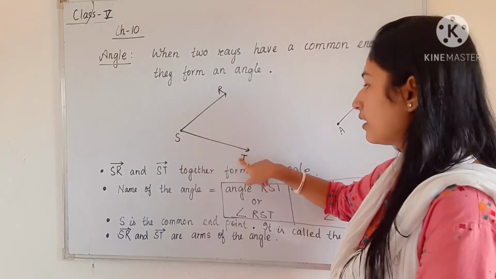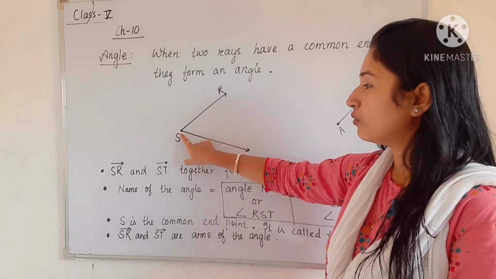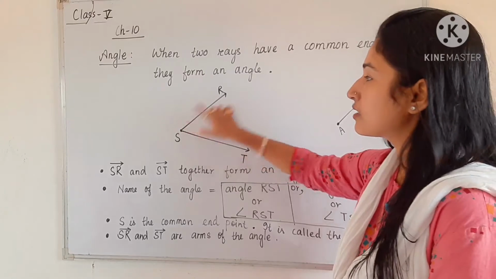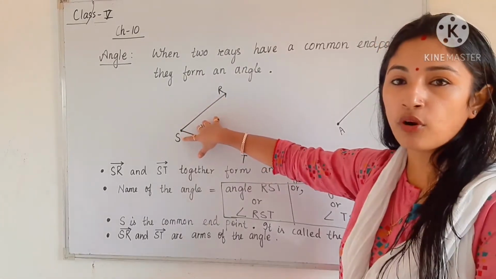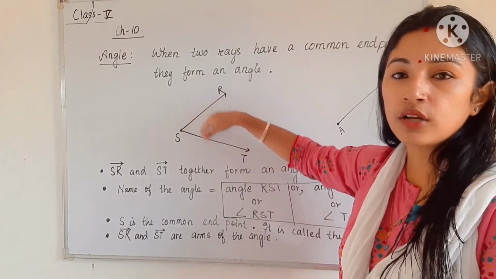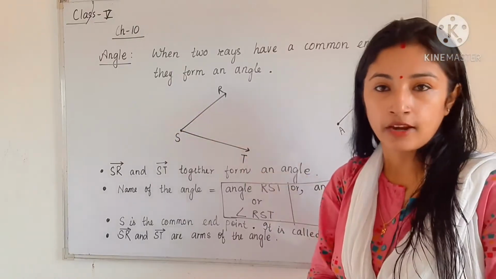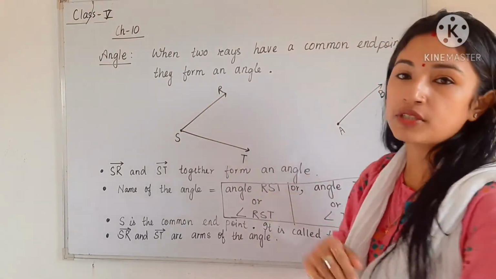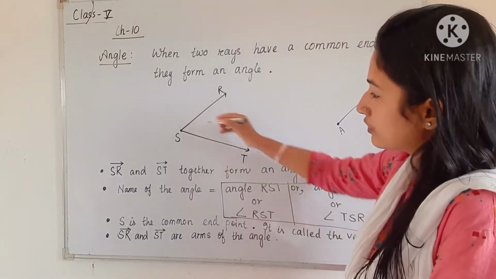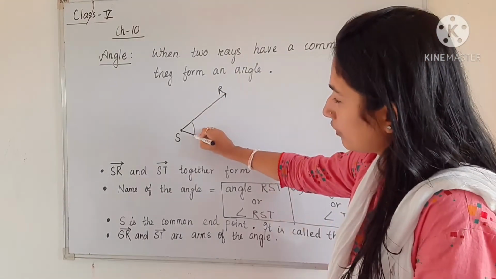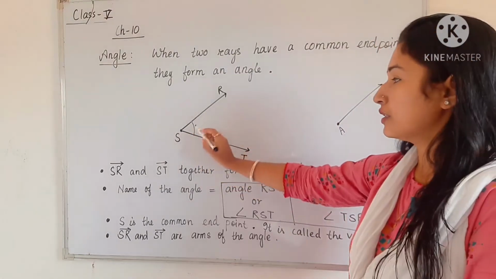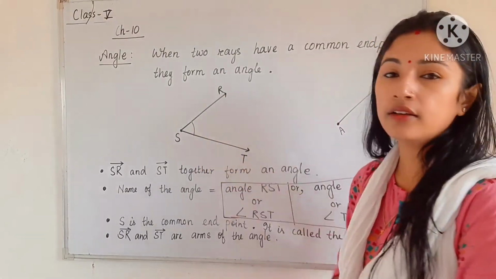The ray ST has an end point S, and similarly the ray SR also has the end point S, and the 2 rays are sharing that common end point. So these 2 rays form an angle, and this angle is denoted like this.